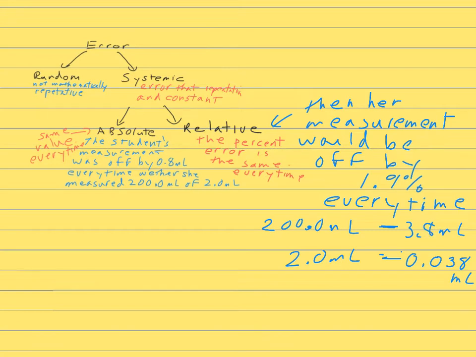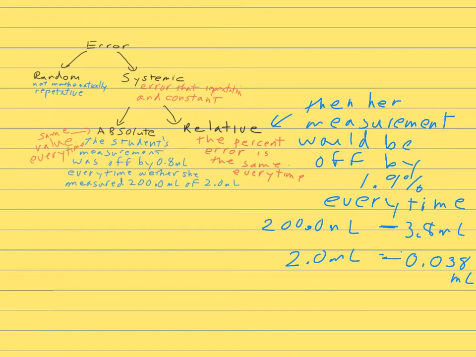So with relative error, the percent that she's off stays the same at 1.9, but the absolute quantity that she's off on her measurements changes, whereas with absolute error, the quantity stays the same.